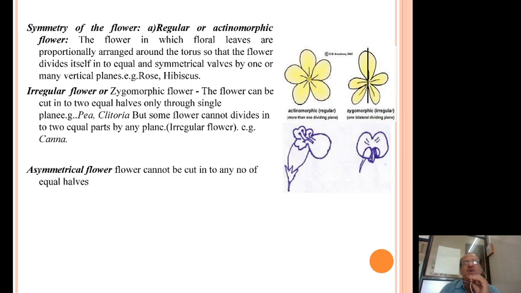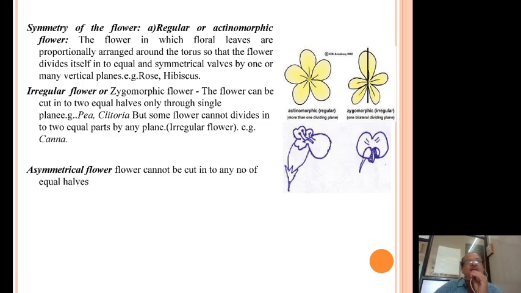You take n number of planes, either this way, this way, any way, you'll always get two equal halves. Such flowers are called regular or actinomorphic flowers. The example is hibiscus. If you try to divide it, it will be divided into two equal halves.